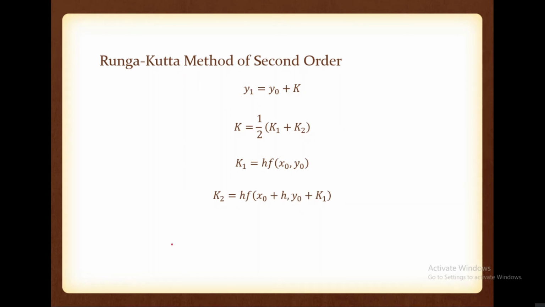So please note down these four equations. As per Runge-Kutta method of second order, y1 is equal to y0 plus k, where k is equal to 1 by 2 into k1 plus k2. K1 is equal to h into f of x0 comma y0. K2 is equal to h into f of x0 plus h comma y0 plus k1. Note down these four equations.